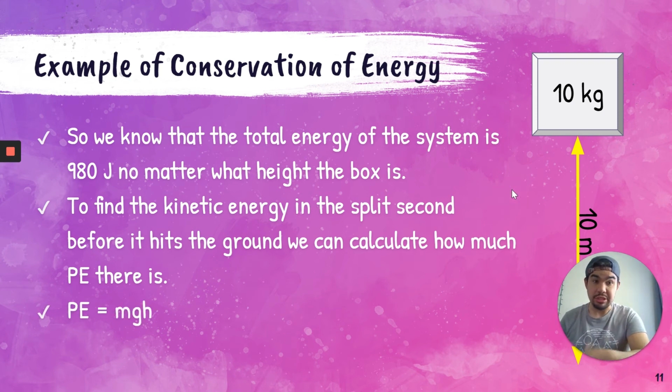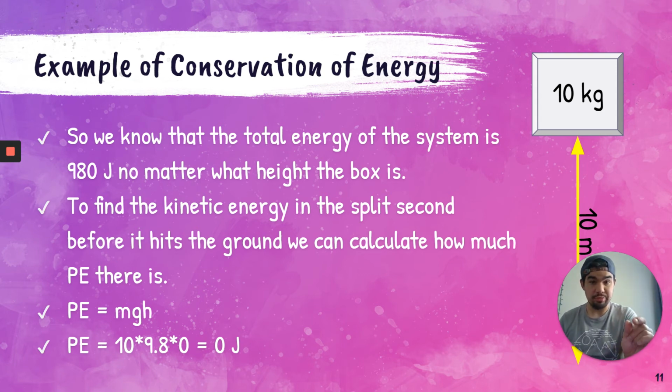Let's use our potential energy formula. Potential energy equals mass times gravity times height. We already know that the mass is 10, and it doesn't change. Gravity doesn't change, 9.8. In this case, the height is essentially 0, right? So plugging in our numbers, 10 times 9.8 times 0 equals 0 joules of potential energy.